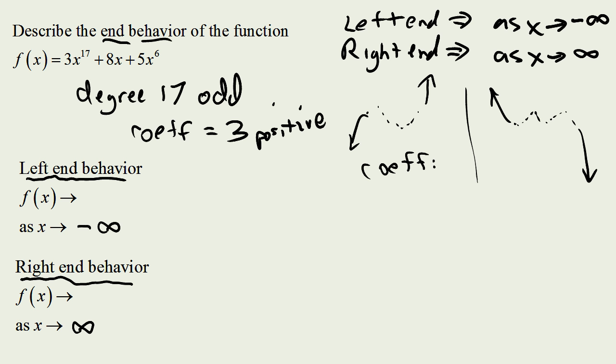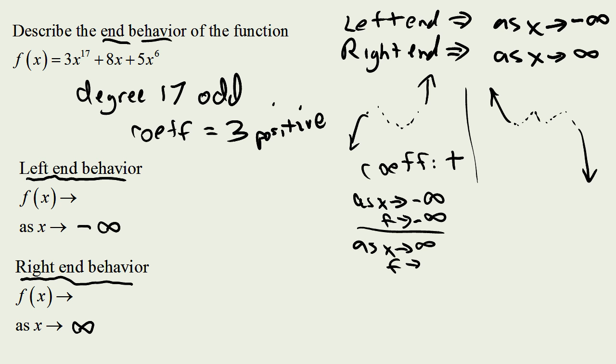So when your coefficient is positive, you'll have the end behavior like what's above here. As x goes to negative infinity, the function is going to go to negative infinity. As x goes to infinity, the function is going to go to infinity.